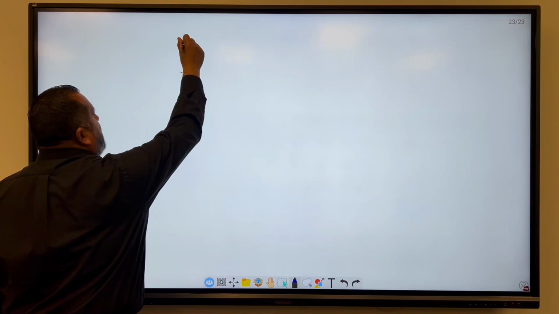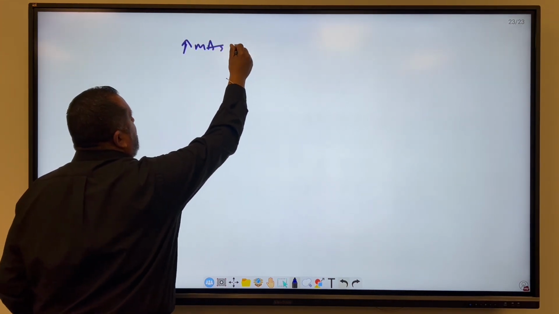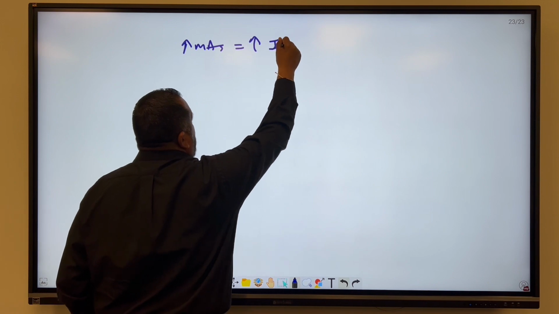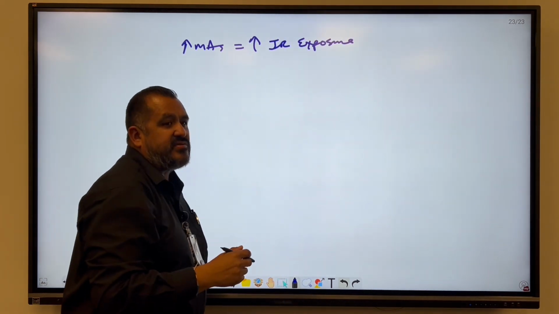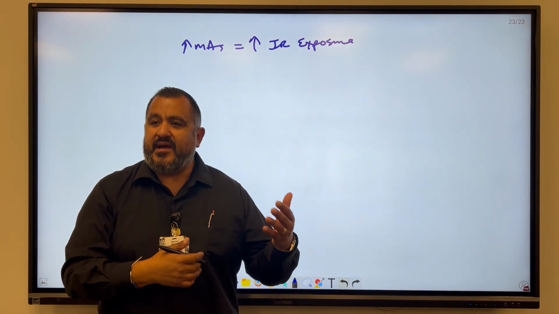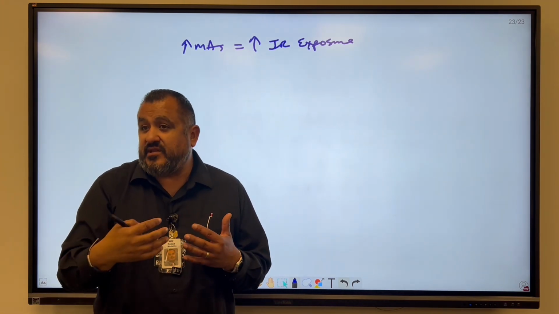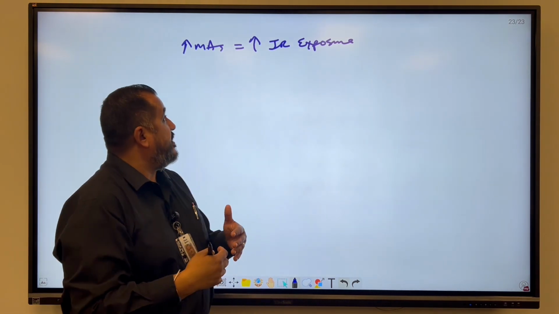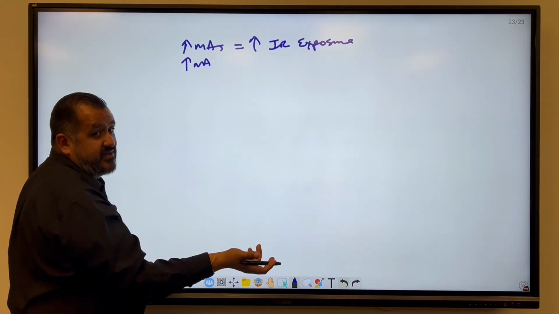Now, if you increase your mass, you're gonna have an increase of recorded IR exposure. Remember that your digital systems have a linear response to the exposure. If you go up in mass, you're gonna have a greater quantity of X-rays reaching the IR. MA is part of mass, correct?